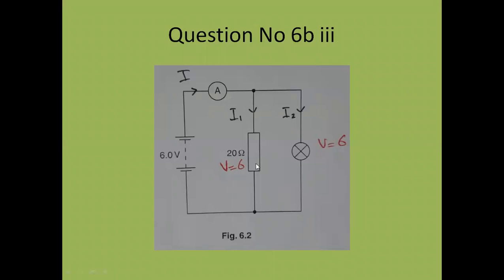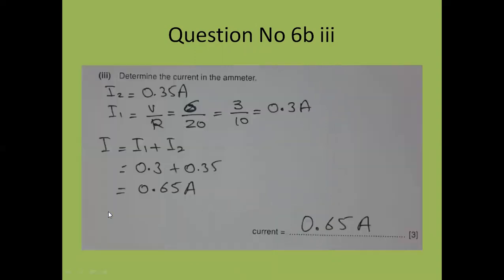So the voltage drop here is 6 volt, the resistance here is 20 ohm. So I can find out current I1, which is flowing through this branch. And I know the current flowing through the lamp, from the graph paper, that's 0.35 ampere. So I2 will be 0.35 ampere. We have already calculated it. I1 will be V by R, 6 by 20, 3 by 10, 0.3 ampere.